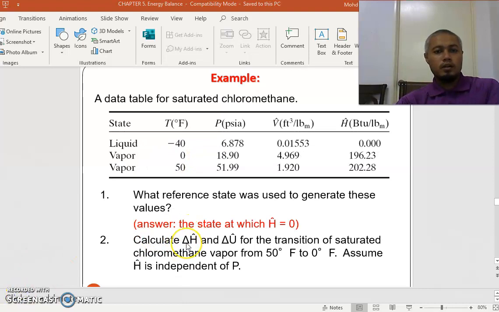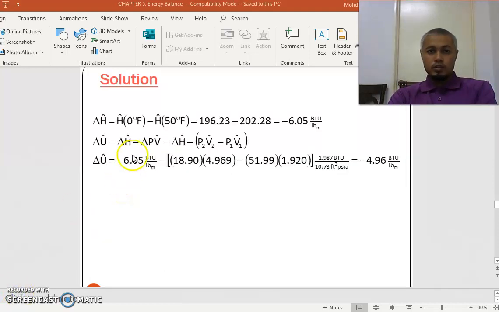Next, we need to calculate the enthalpy change and also the internal energy change for the transition of saturated chloromethane vapor from 50 to 0 degrees Fahrenheit. So we need to refer to this point and this point, because the question asks us to find the value of delta H and delta U from 50 to 0 degrees Fahrenheit. We ignore the upper part, because this is at -40 degrees Fahrenheit. In the solution, delta H equals H at 0 degrees Fahrenheit, the final state, minus H at 50 degrees Fahrenheit, the initial state.